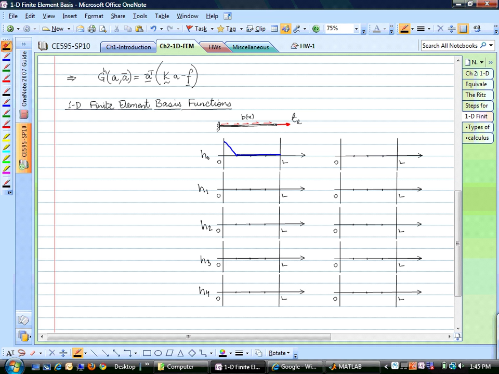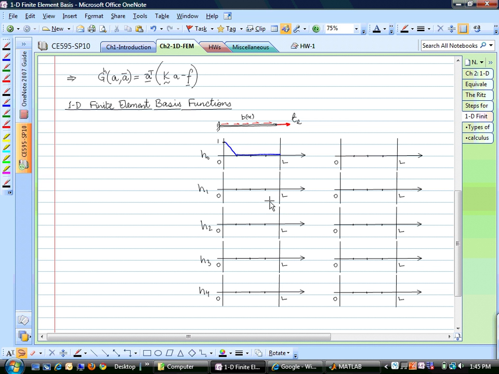The value here is 1, and it is a very local function. So what we've done is we've divided this length into some n parts, and the way I have drawn, it seems that all these parts are equal, but they need not be equal.